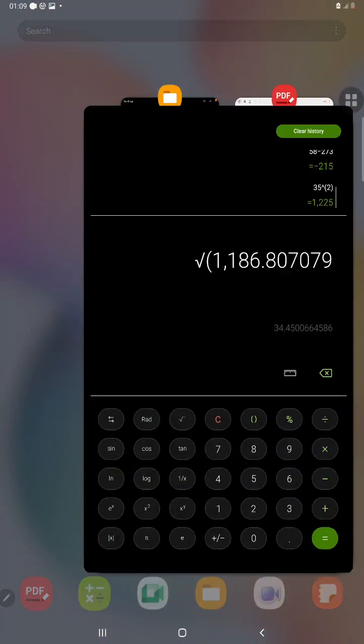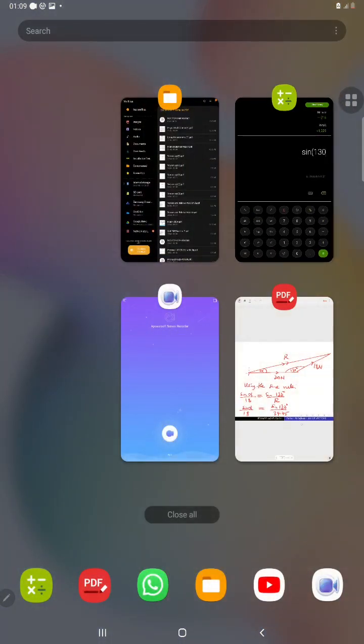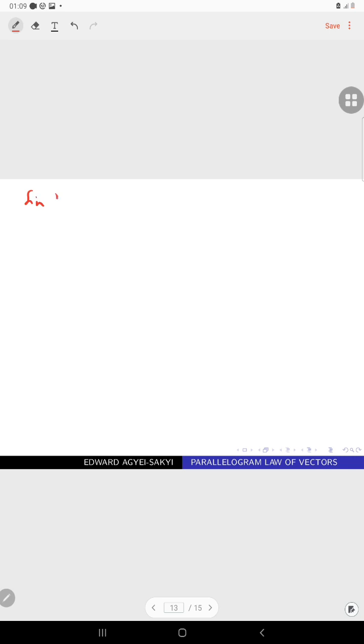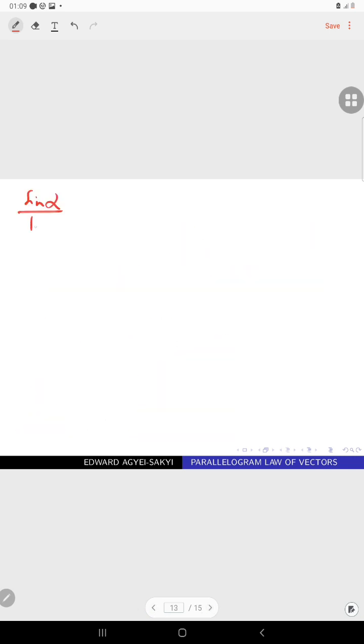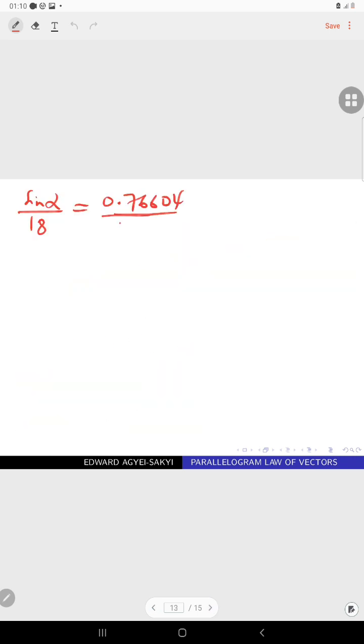Sine 130, according to our calculator, will give us 0.7604. So we get sine alpha over 18 equals 0.7604 over 34.45.